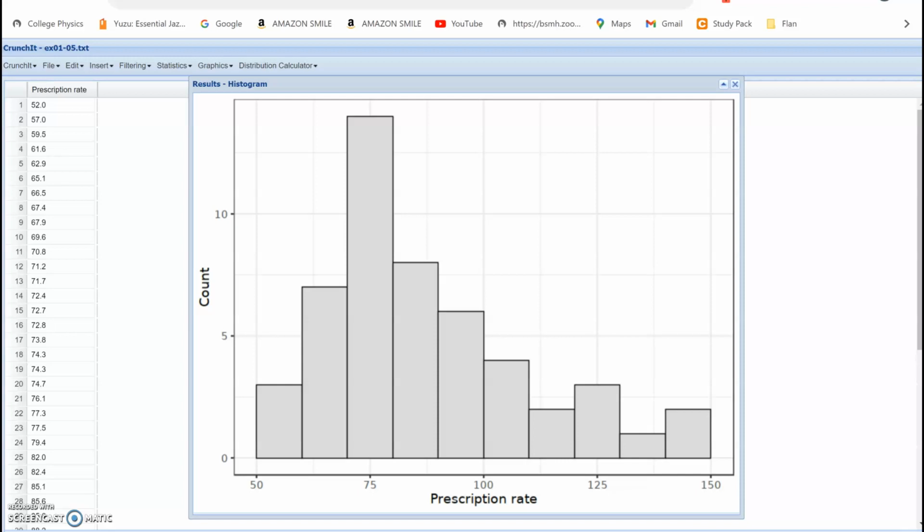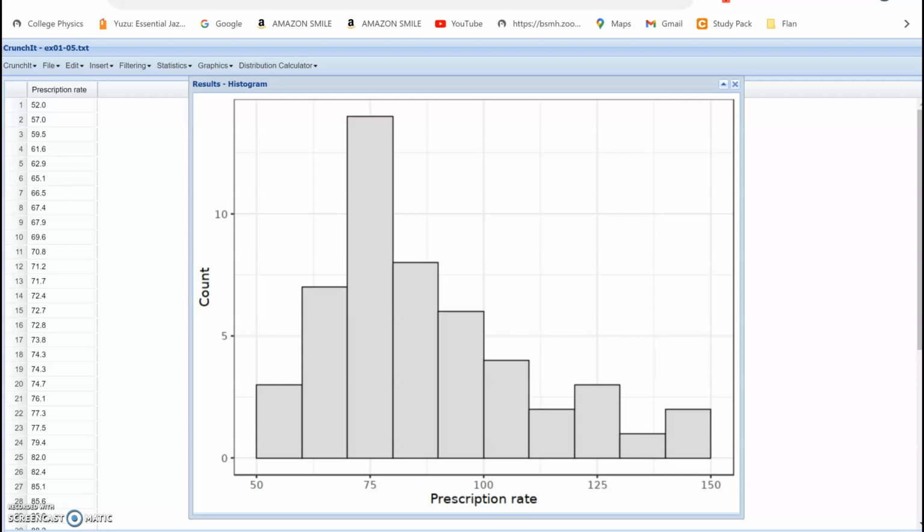Now let's look at the second bar. The second bar has a range of values from 60 to 70. What that means is the bin width is 10, so 60 to 70 is the range of values. The height of the bar tells us how many numbers fall within that range.